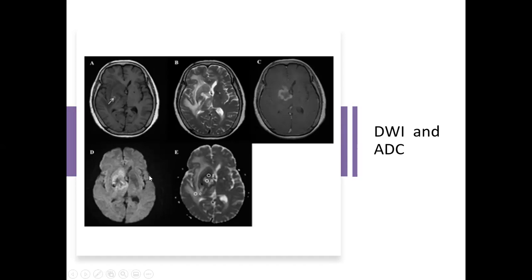But if you see the corresponding ADC value in the enhancing part, the ADC value is very low compared to the necrotic central cystic part, which has a high ADC value compared to the peripheral enhancing part. If the ADC value is good, it is better. If the ADC value is low, it is mostly malignant.